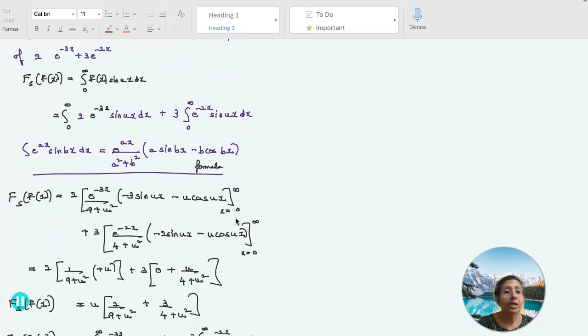Now we have the formula: integral e raised to ax sine bx dx is e raised to ax by (a squared plus b squared), (a sine bx minus b cos bx).